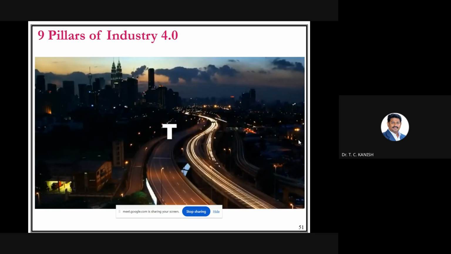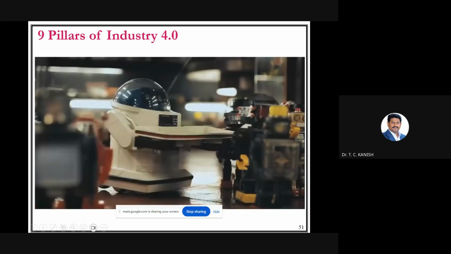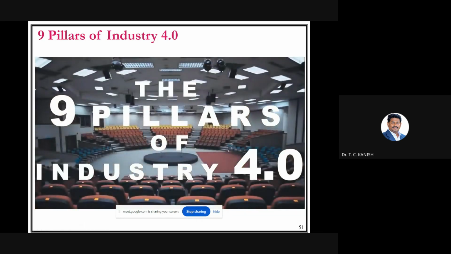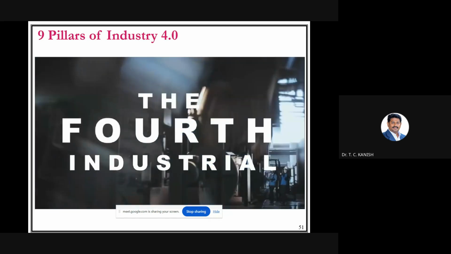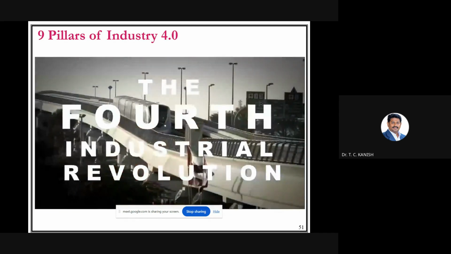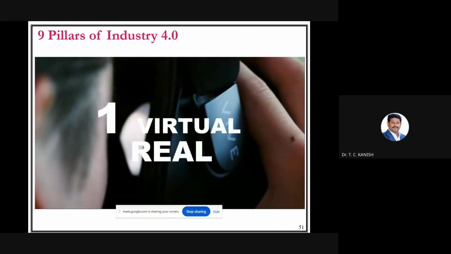So this video will give you an overview of the important areas where we can work for Industry 4.0. So, virtual reality.